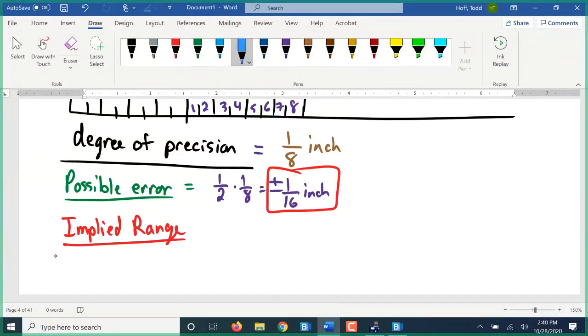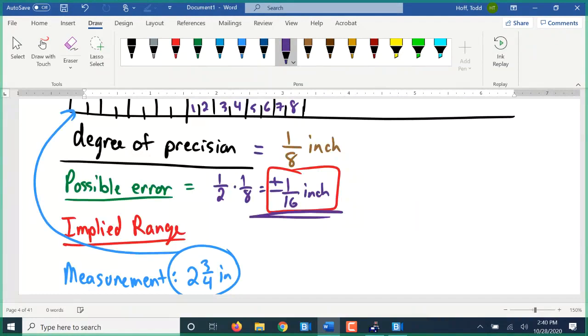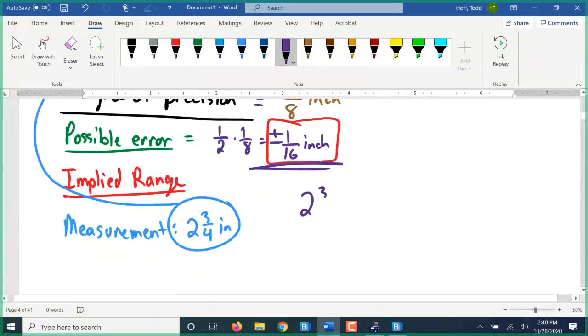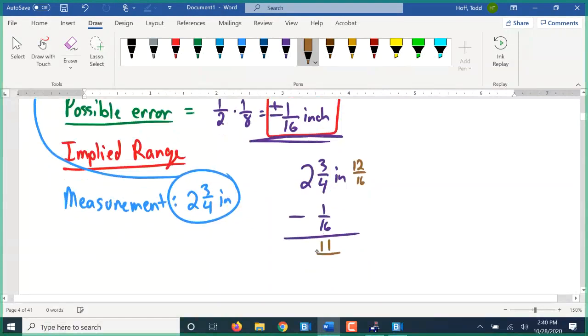Let's say we have an object that we report the measurement as 2 3/4 inches using this ruler up here. Well, that ruler has a plus or minus 1/16 of an inch error. So the implied range is that measurement of 2 3/4 inches minus 1/16 of an inch. 3/4 is 12/16, so 12 minus 1 is 11/16.